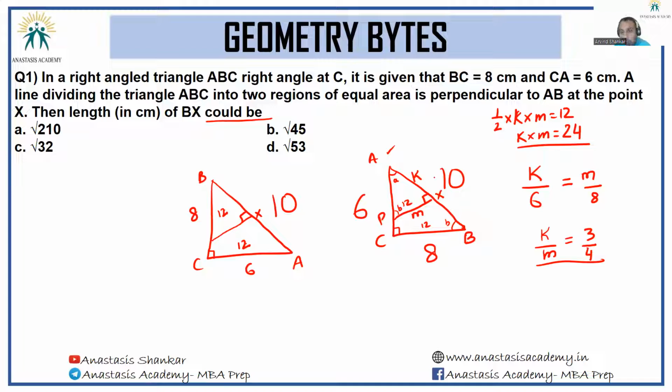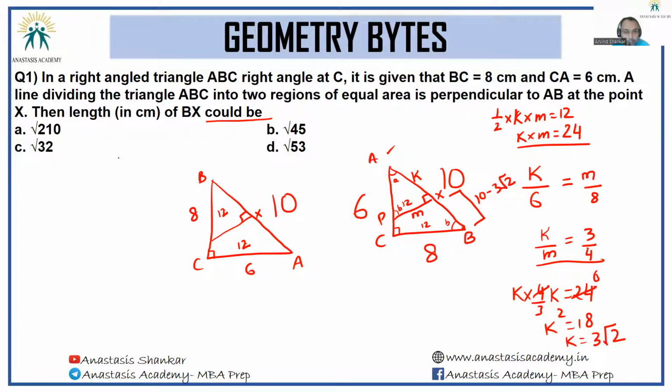No, I need 10 minus K. If I'm looking for BX, I'm looking for 10 minus K. So K value I finally need. M is equal to 4 by 3K. So K into 4 by 3K is equal to 24. Cancel, cancel. So K square is equal to 18 or K is equal to 3 root 2. So BX in this case will be 10 minus 3 root 2.